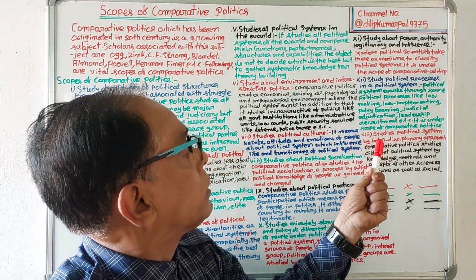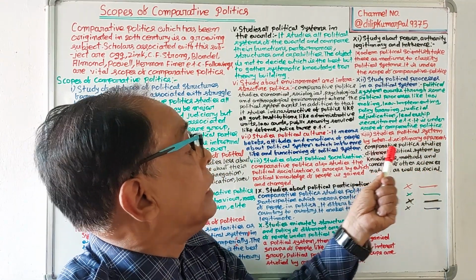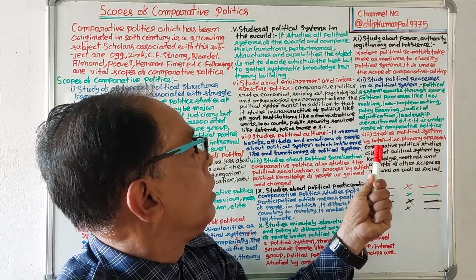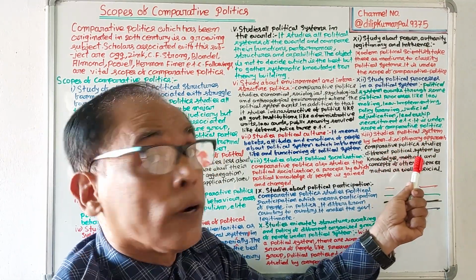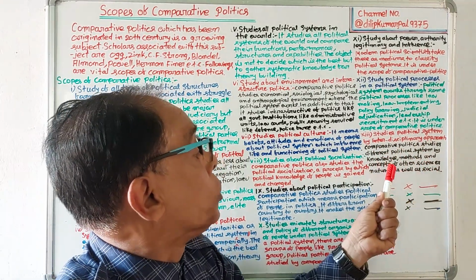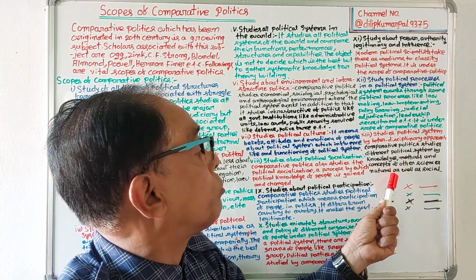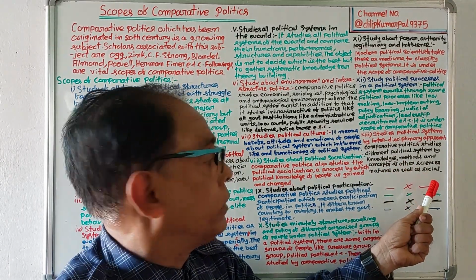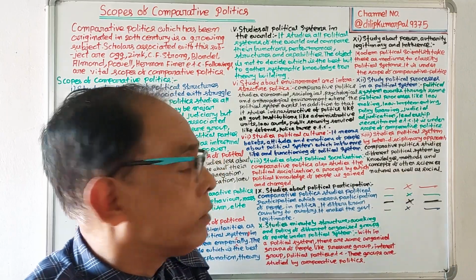Finally, studies political system by interdisciplinary approach. Comparative politics studies different political systems by knowledge, methods and concepts of other sciences, natural as well as social.